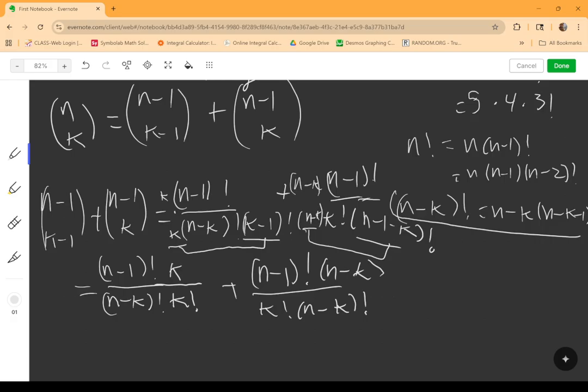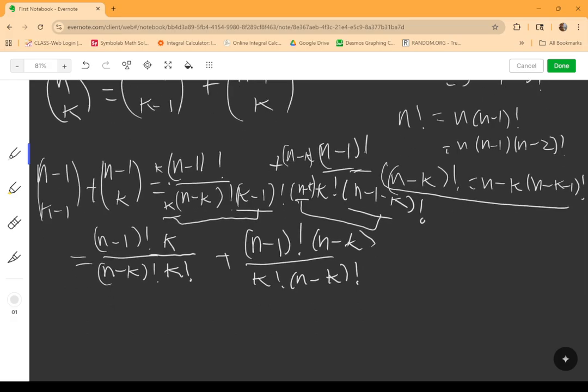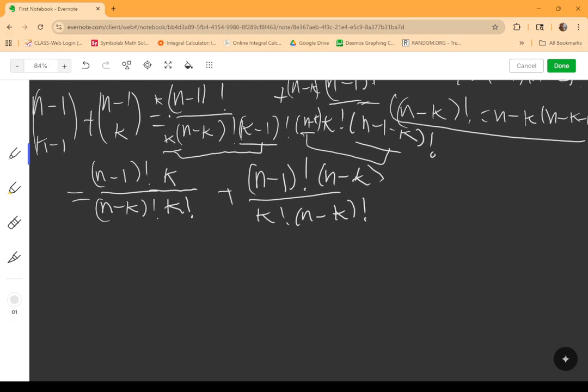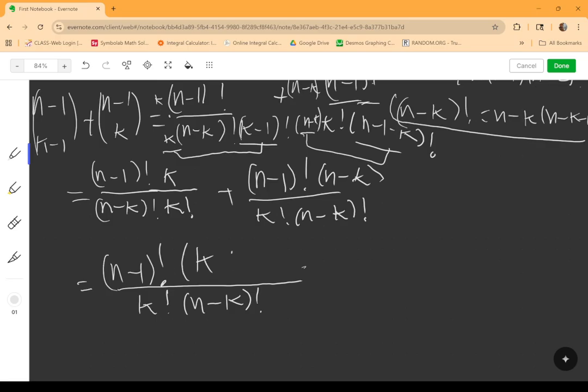Again, this is all just algebraic work. From here, I'm going to write these under one denominator since now it's common: k factorial, n minus k factorial. Up here they have a common factor of n minus 1 factorial, so I'll factor that out, and we're left with k plus n minus k.